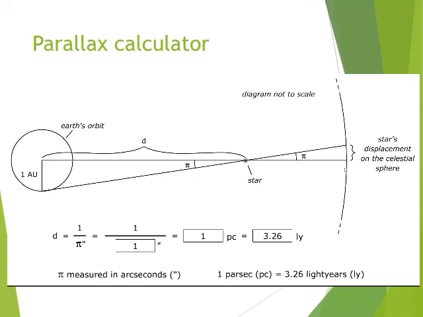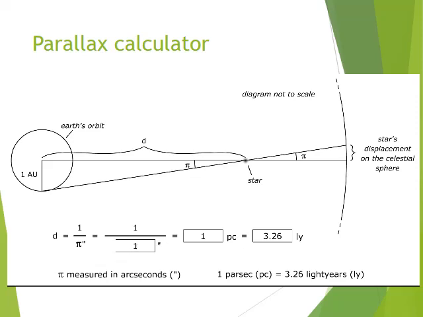And 1 degree is the same thing as 3,600 arc seconds. So you would have to slice your pinky into 3,600 equal slivers. One of those slivers would be equivalent to an arc second. So that's how much shift a star would have to produce against the background stars to have 1 arc second of parallax shift.